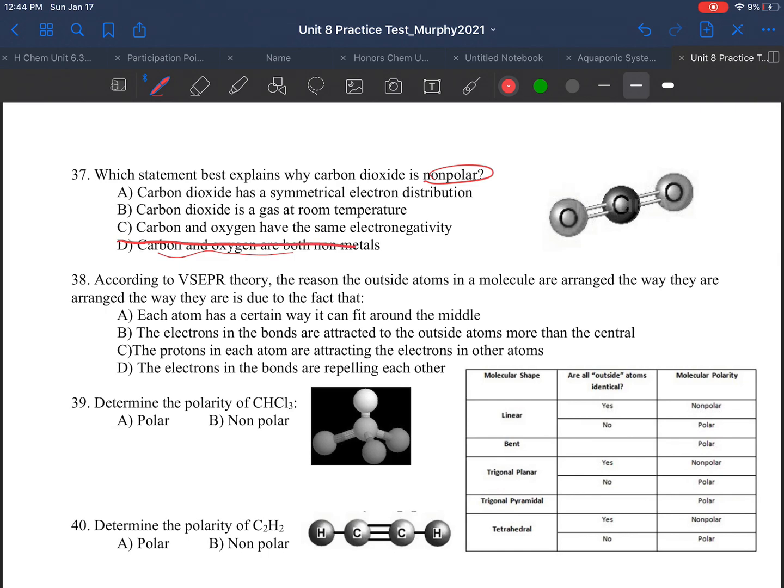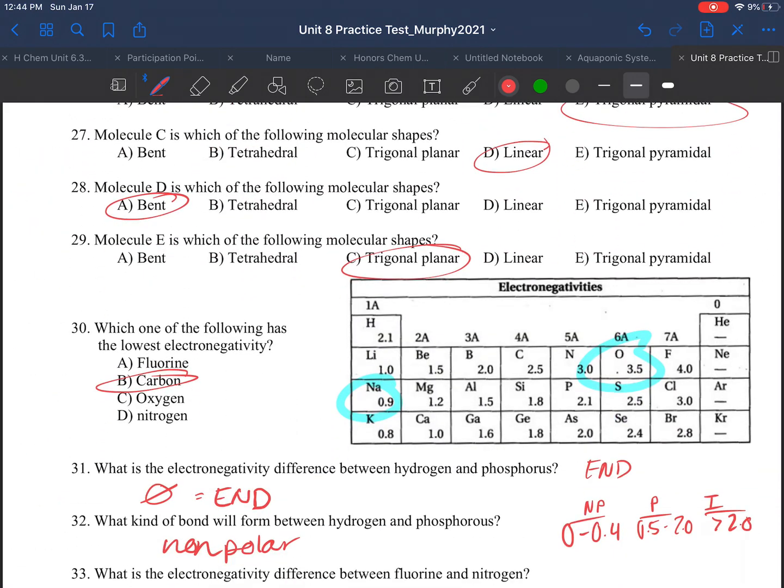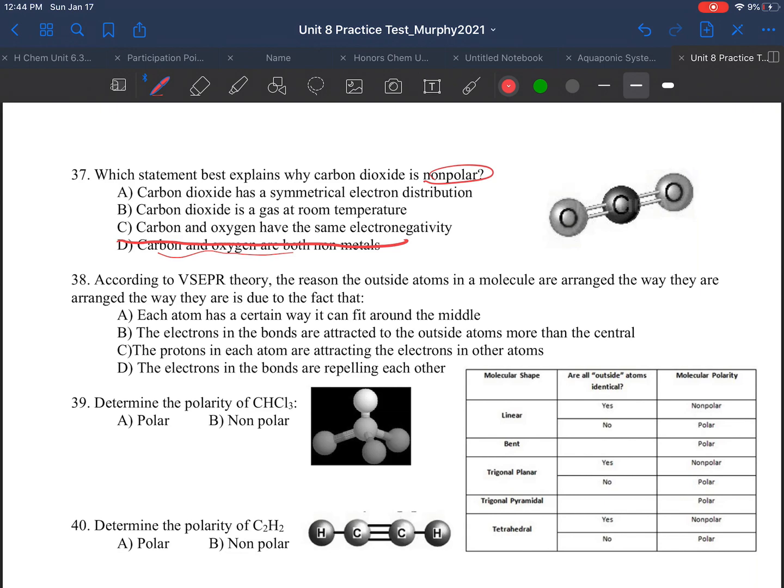So it can't be option D. Carbon and oxygen have the same electronegativity. Well, first of all, they don't. But even if they did, this is asking why the molecule is nonpolar, and remember that bond polarities do not determine molecule polarities. Carbon dioxide is a gas at room temperature. That doesn't really offer an explanation at all.